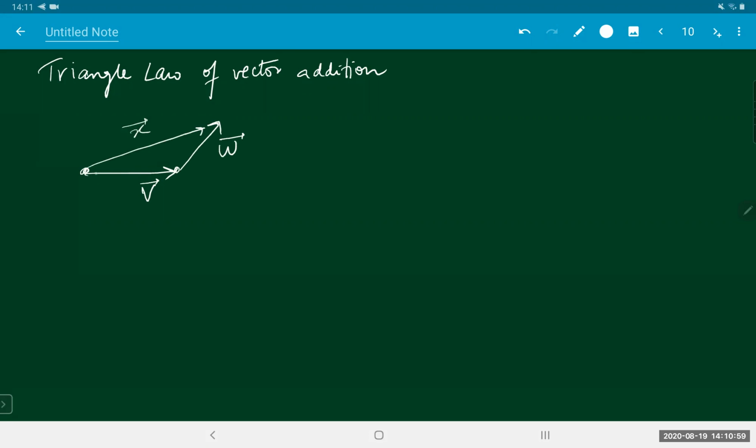Vector v goes from A to B, vector w goes from B to C, then the vector x, which goes from A to C, is going to be the sum of these two because they form a triangle. Or if you prefer, AC is AB plus BC. So this is called the triangle law.